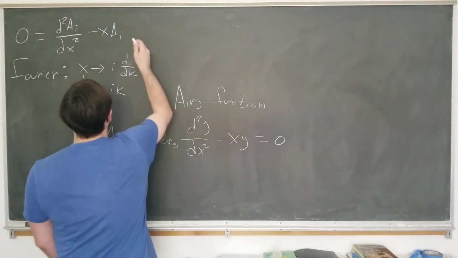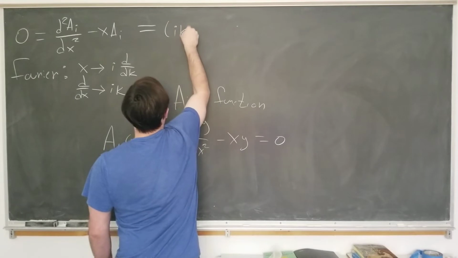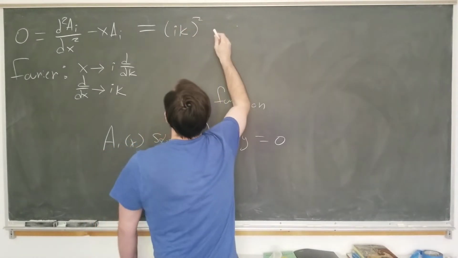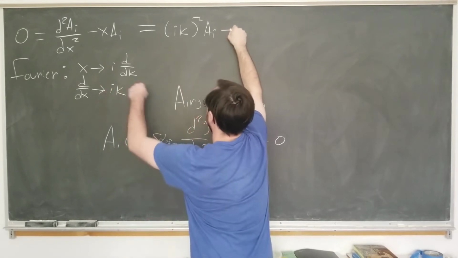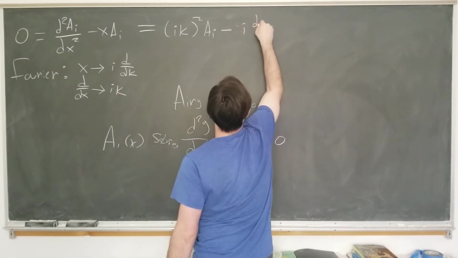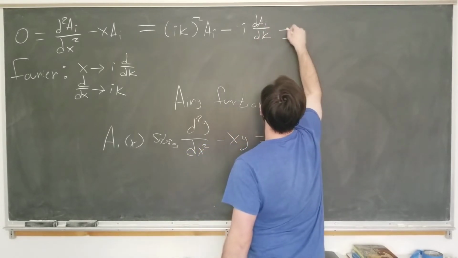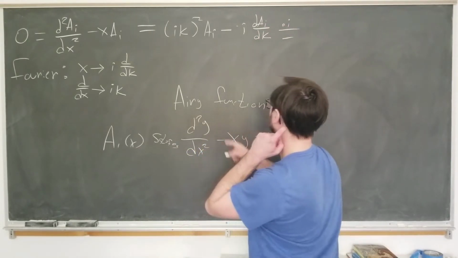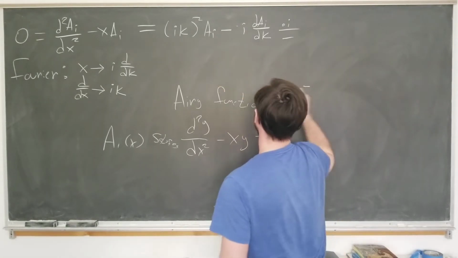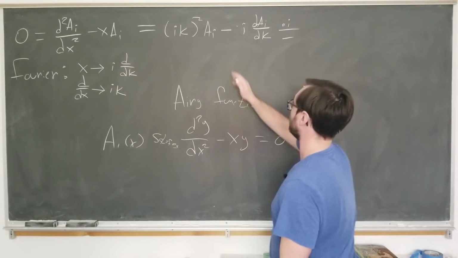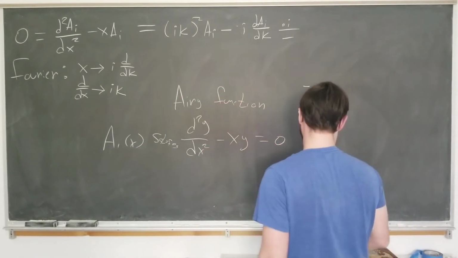And continuing on, second derivative, so we're going to have ik squared times Ai, now as a function of k, minus x, which is just i d by dk, and multiplying by i to clean it up a bit, we're going to have a minus, first term here becomes i squared is obviously minus 1, so that becomes minus i.